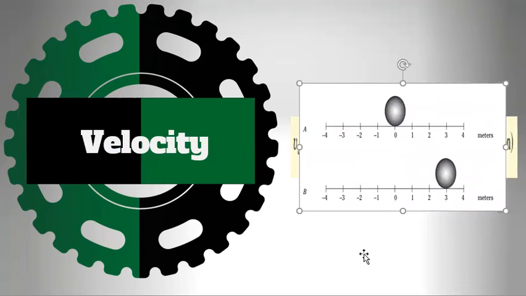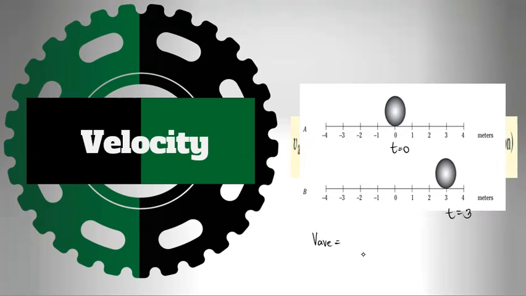For example, your body or your ball moves from 0 to 3 seconds. At t equals 0, it moves within 3 seconds to point 3. In order to get the average velocity, we have to get delta x over delta t. Delta means change. So final position minus initial position over final time minus initial time.